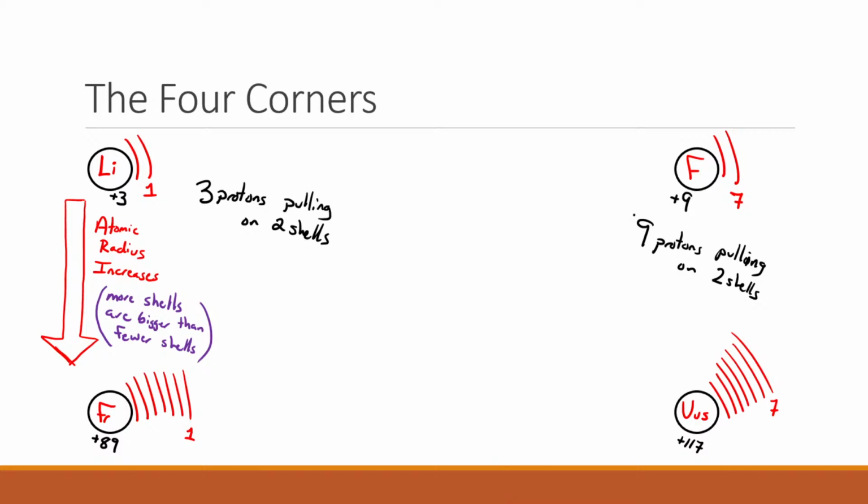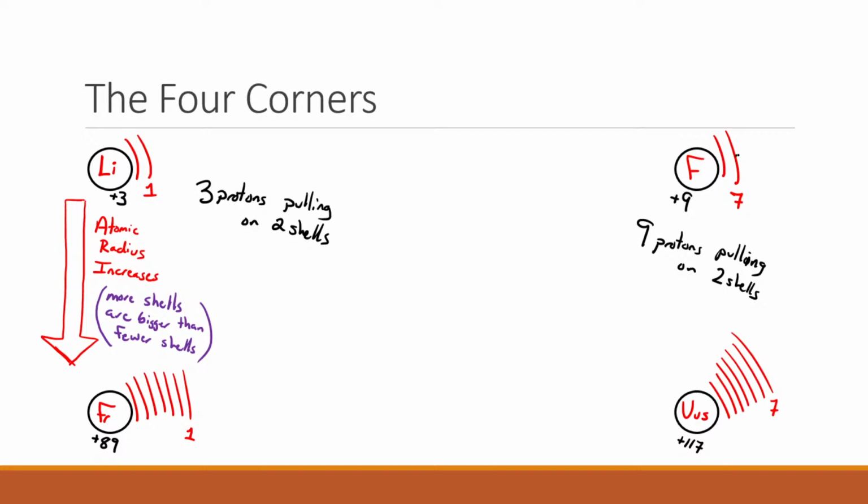Because 9 protons pulling inward is going to be stronger, right? If you've got 9 people pulling on something versus 2 people pulling on that same thing, the 9 people are going to do a better job. They're going to be stronger in total than 2 people are.